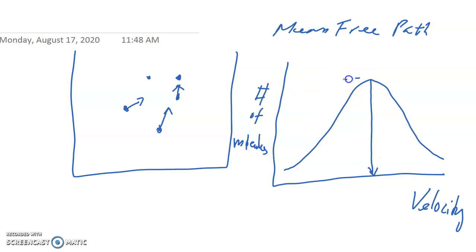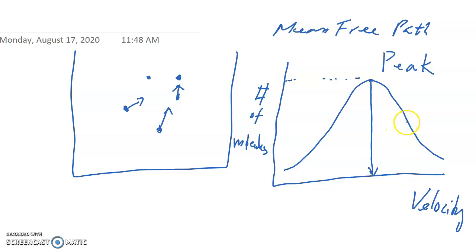If you plot it, the number of molecules traveling at this velocity will be the highest number, and we call that the peak, because there are many molecules moving at this velocity. However, this is not the only velocity.